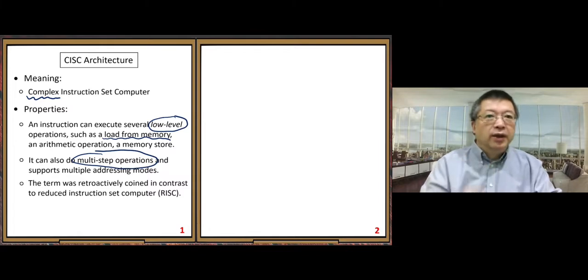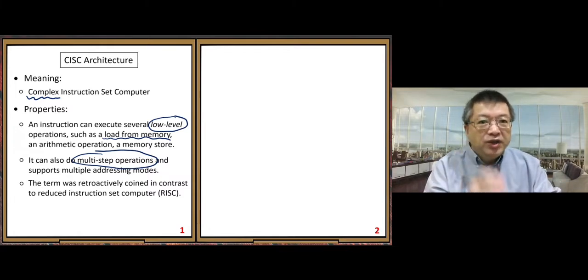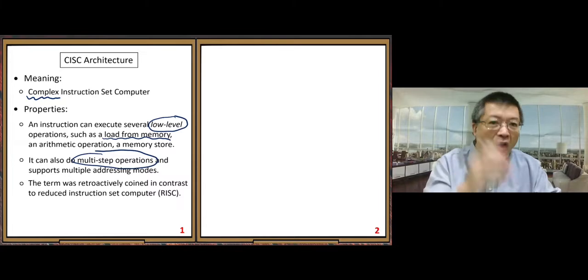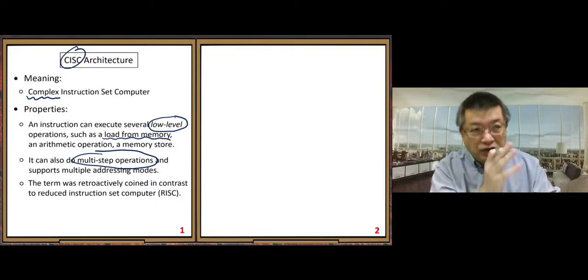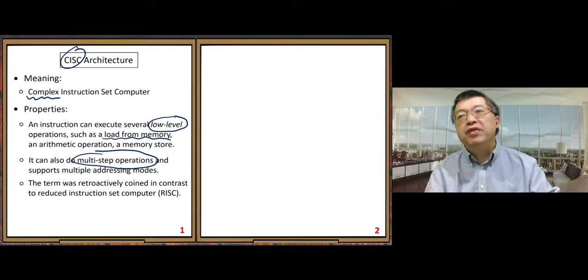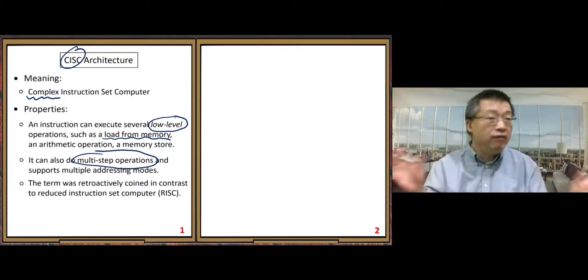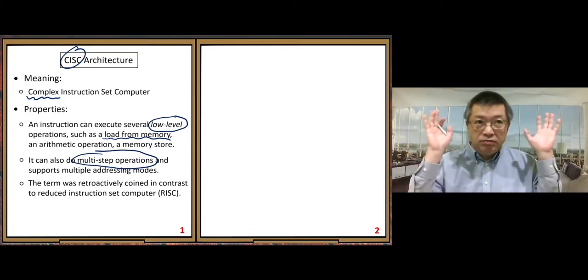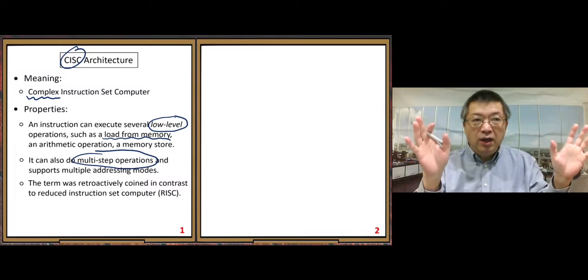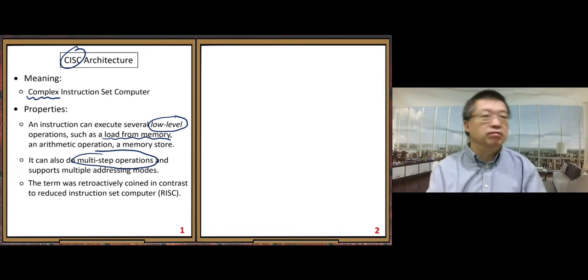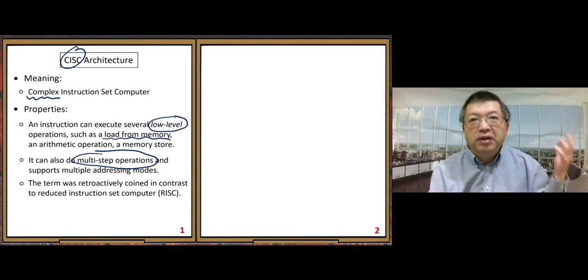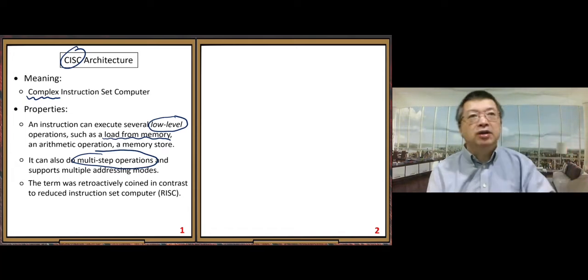Next one, the term was retroactively coined. What term? The CISC term. This term was not created when this architecture was developed. When this architecture was developed, there was no name for it, because people only knew that architecture. That was the only one, so they didn't provide any name for it.